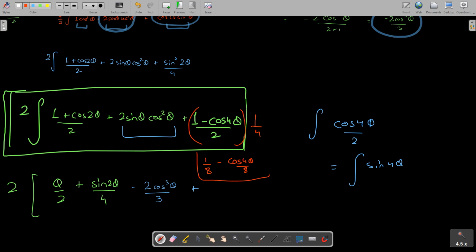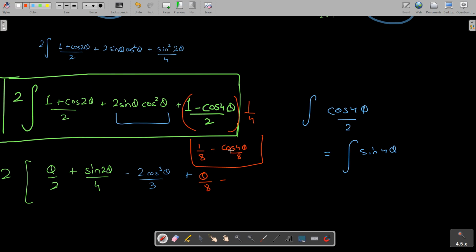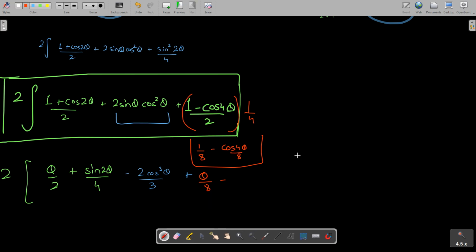All right, and we will be writing this as theta by 8 minus, and cos 4 theta divided by 8, if we compute its integral, it will be sine 4 theta divided by 8 multiplied by 4, which is sine 4 theta divided by 32.